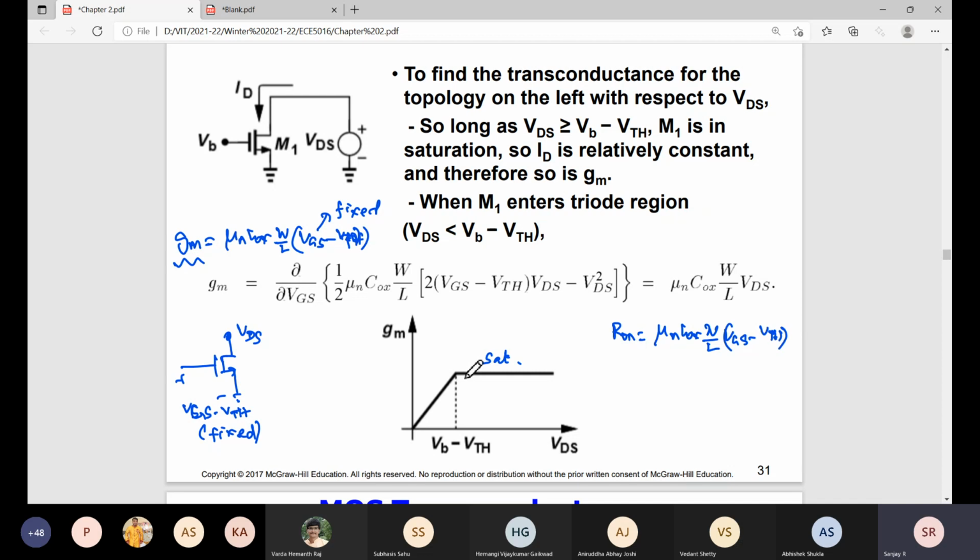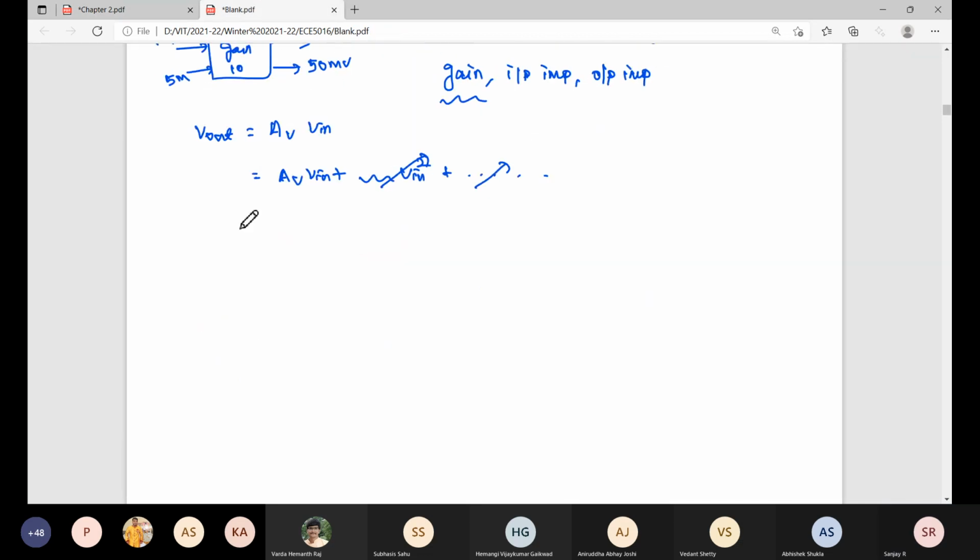When you go to the triode region and decrease VDS, GM will decrease, because we cannot use the same equation. What we derived is GM in the saturation region. So let me write it here.